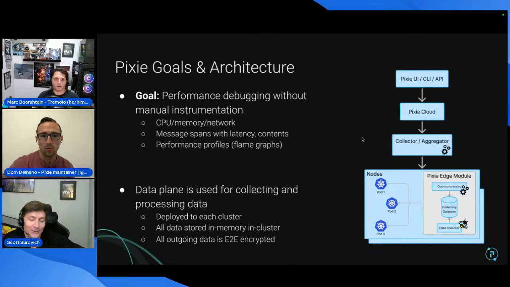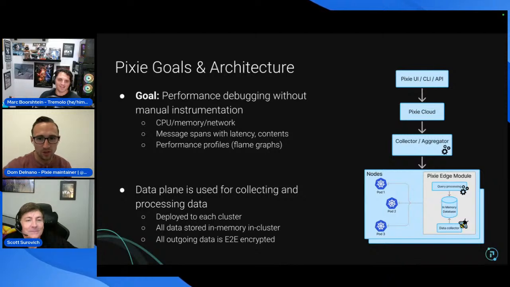So yeah, no doubt. Just speaking to the architecture, this is what I was talking about. Each node is going to have a daemon set, and we're going to have our PIXIE Edge module, which is that in-memory database taking the eBPF data and storing it inside of itself.